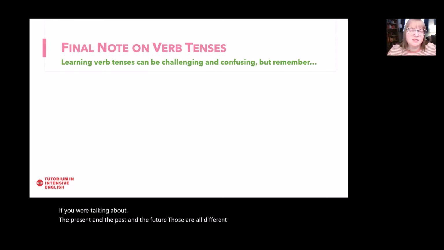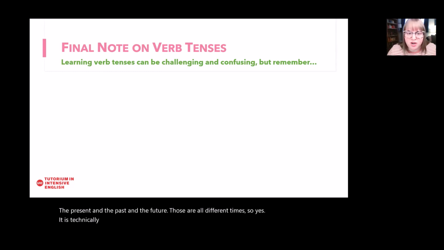So, yes, it is technically important to use the correct verb tense. But also, in many cases in English, it's okay if you make mistakes with verb tenses or use a variety of verb tenses.